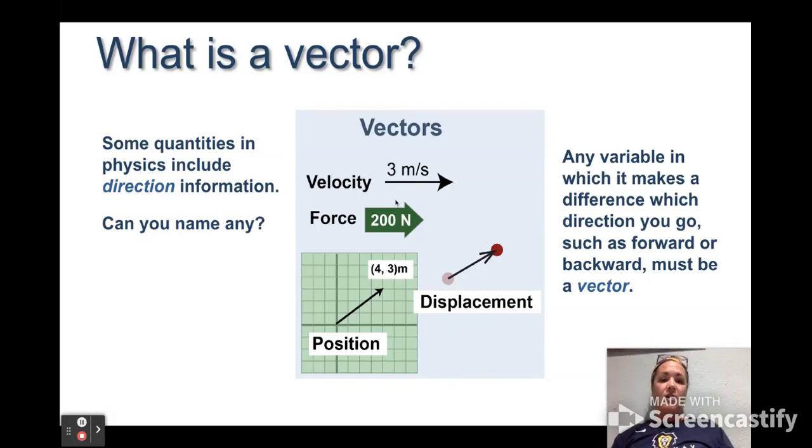Velocity is a vector. Force is a vector. There's direction involved in which way you're pushing on something or which direction you're moving. And then our displacement vectors as well, or position, like what's shown here on the graph. So we've got a bunch of different examples. Any variable in which it makes a difference which direction you go, such as forward or backward, that's a vector.